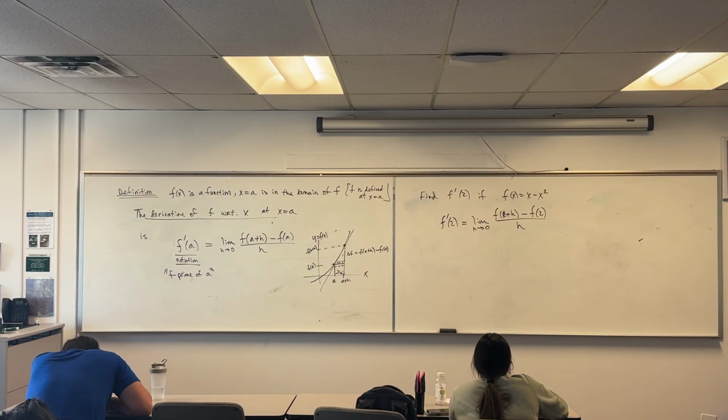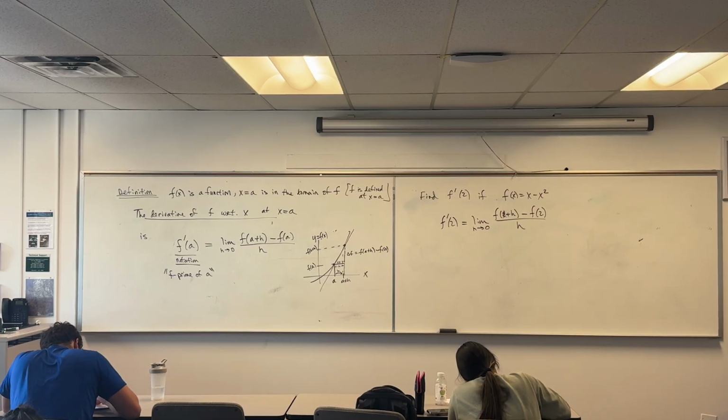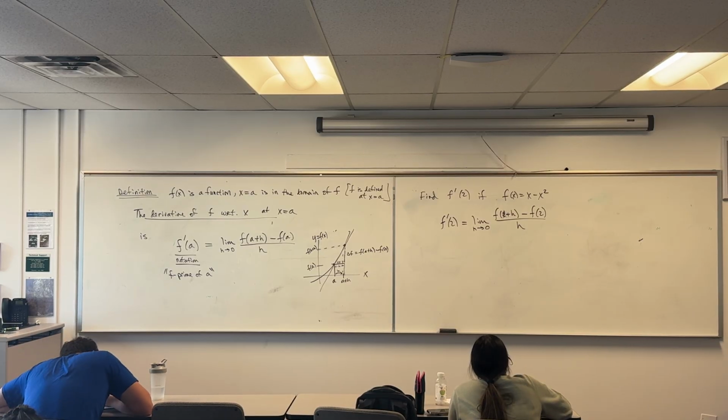So f of 2 plus h is equal to 2 plus h, and then what? Squared. So the next step is to replace this with this. And then this is just put 2 in and subtract that off. And then divide it all by h.